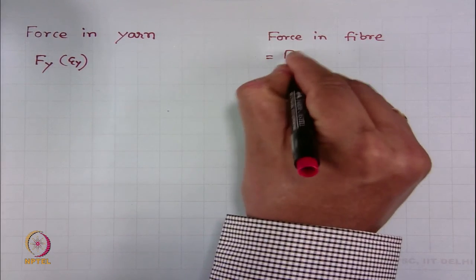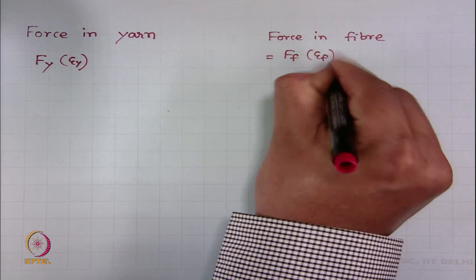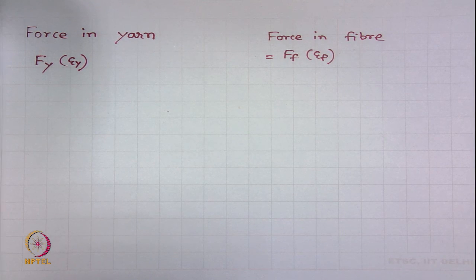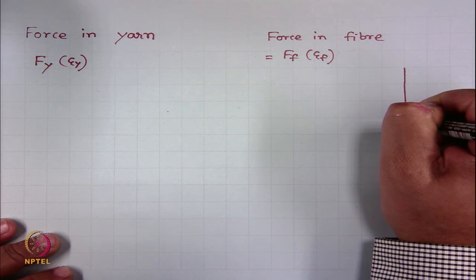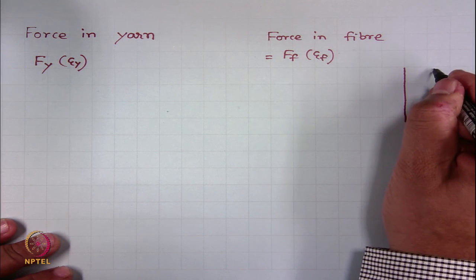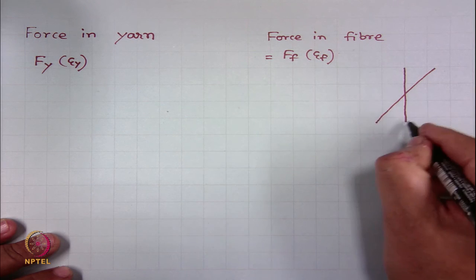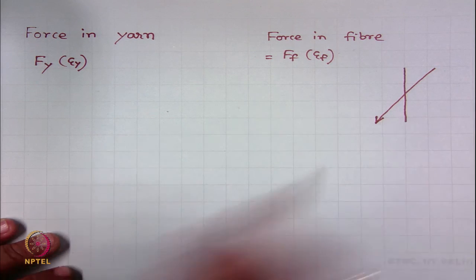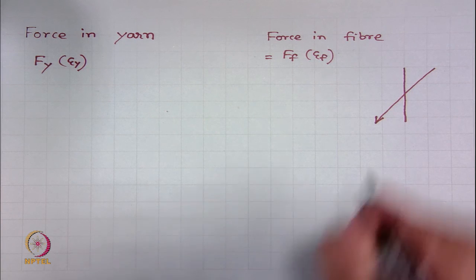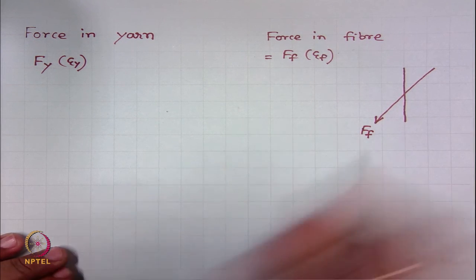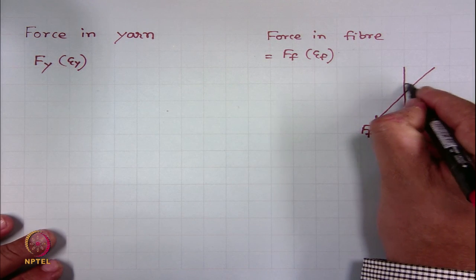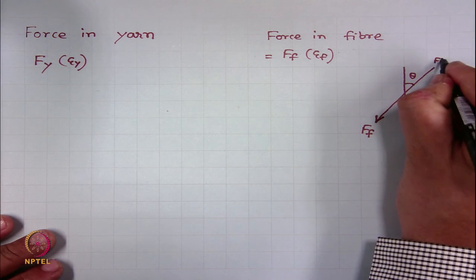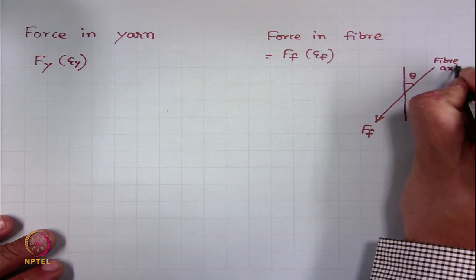That is this force. Suppose this is your yarn axis, this is your fiber axis. This force is this force. What will be the force along the yarn axis?